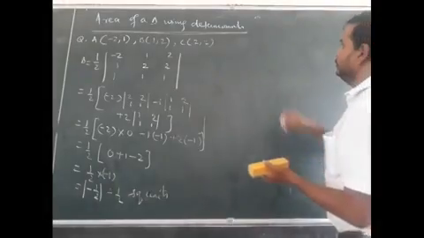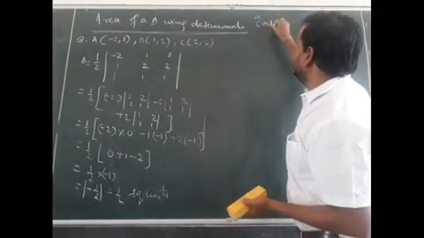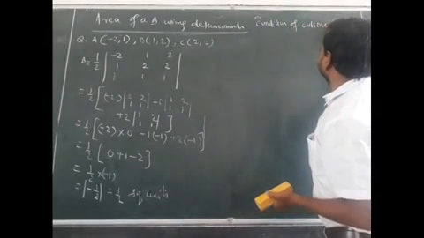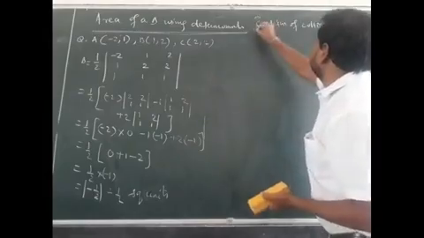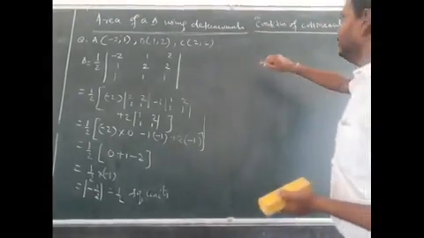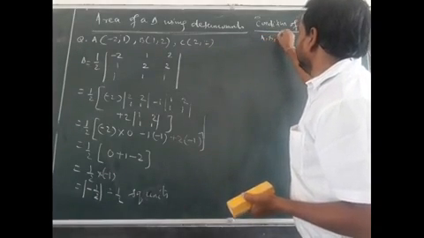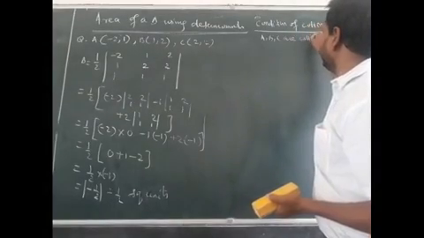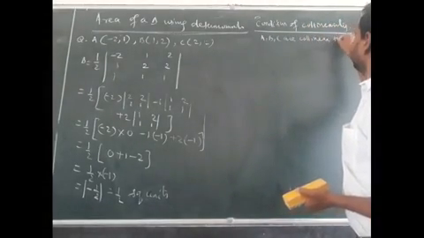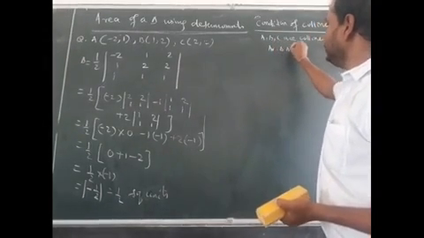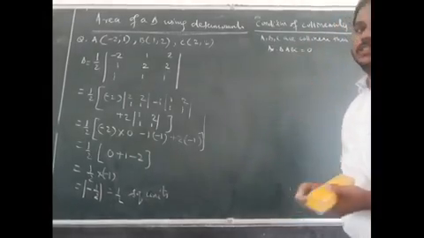As I have told, this is the condition of collinearity. This condition states that if A, B, C are collinear, then area of triangle ABC will be equal to 0.